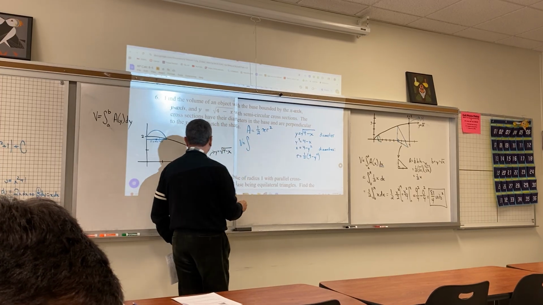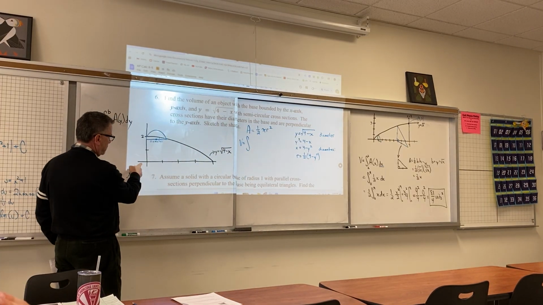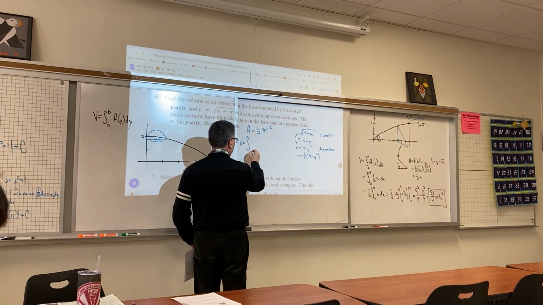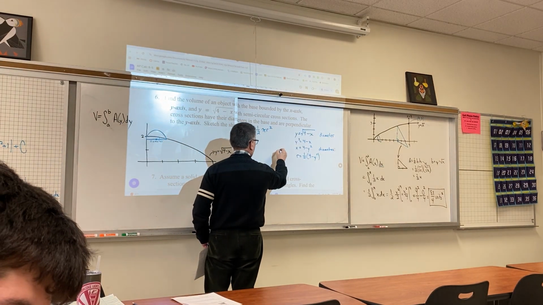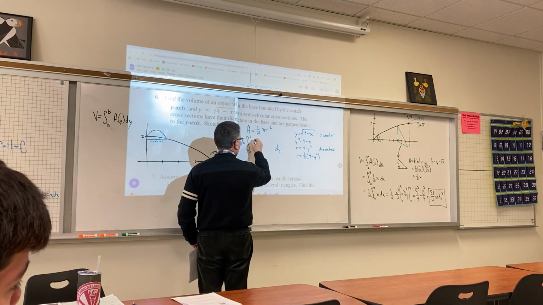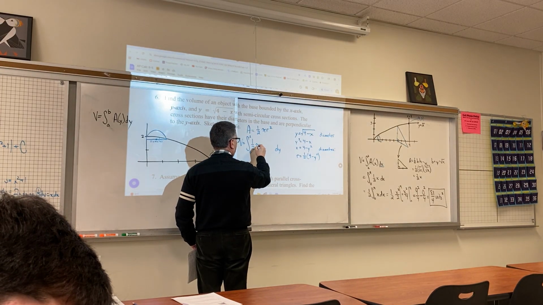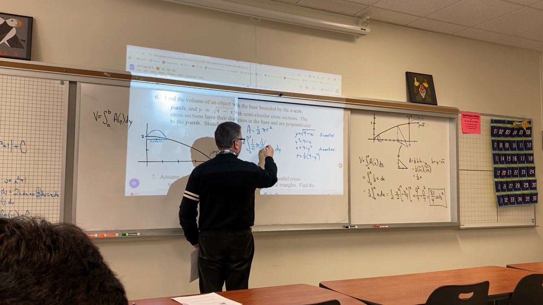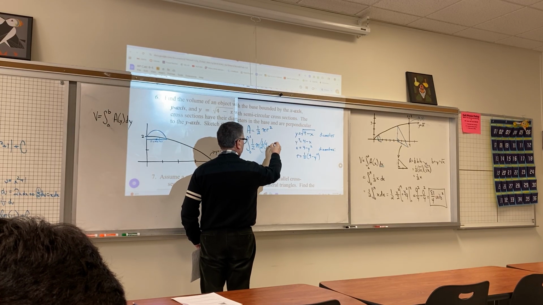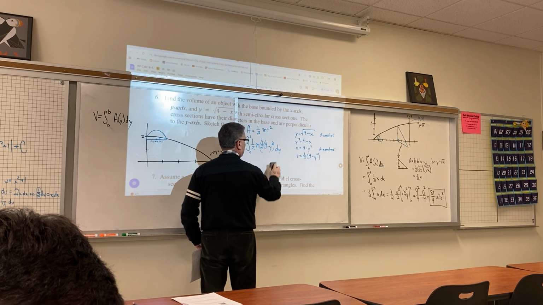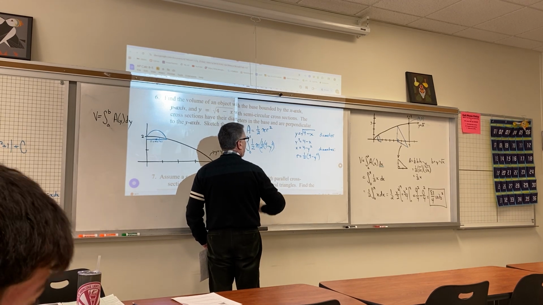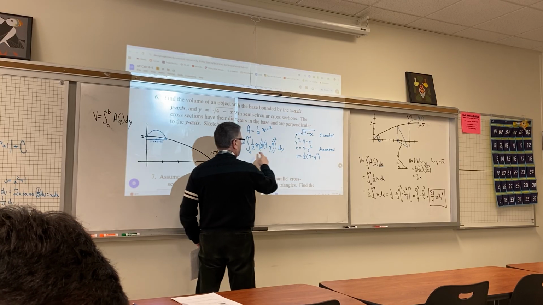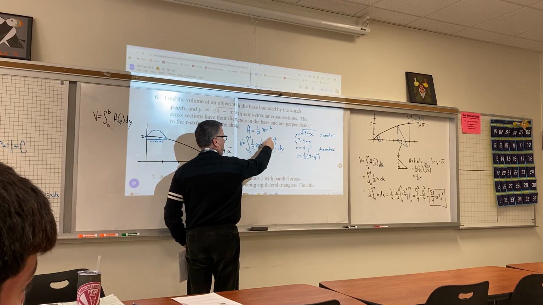From where to where? Well, going across the y-axis from 0 to 2, and I can put dy over. 1/2 pi, radius 1/2 of 4 minus y squared, radius squared. So there's my 1/2 pi r squared.